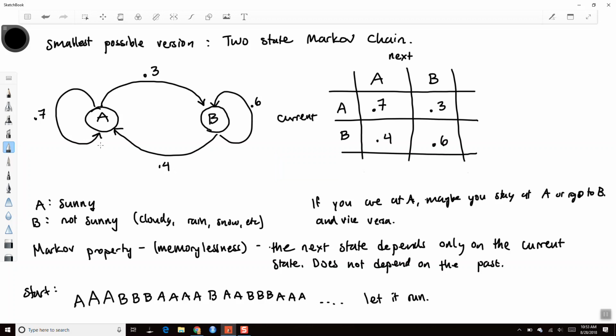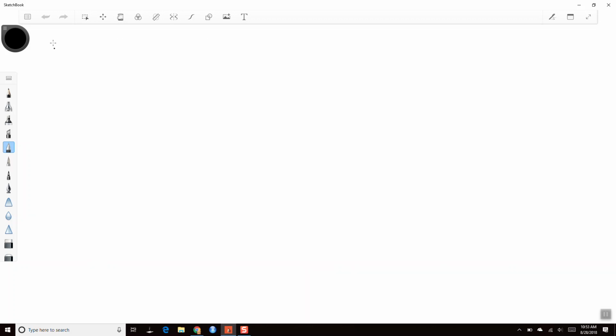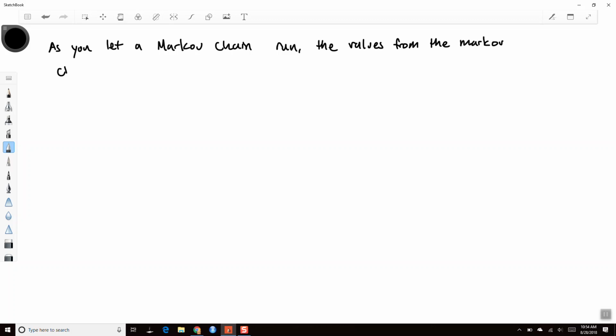And then, as you let a Markov chain run, the values from the Markov chain will eventually converge to its stationary distribution.